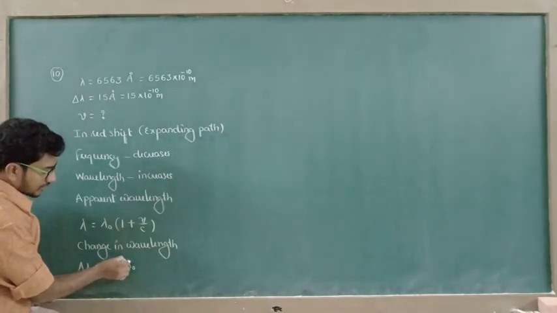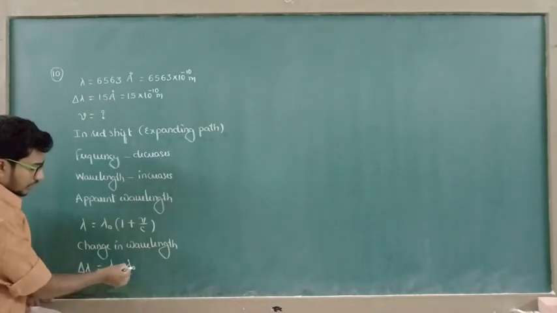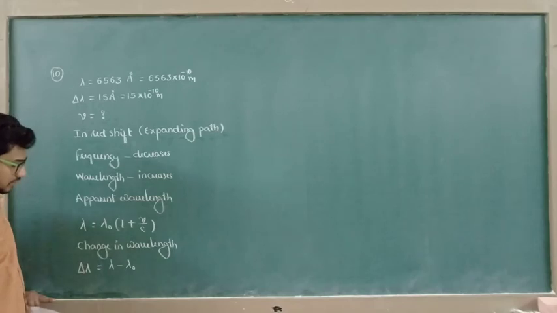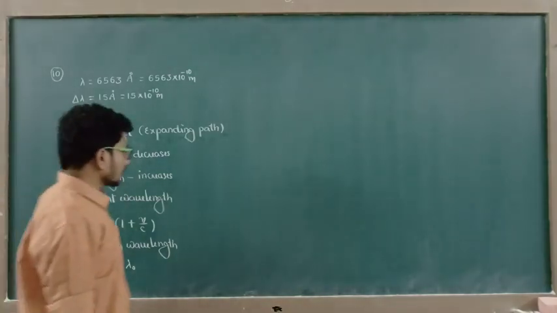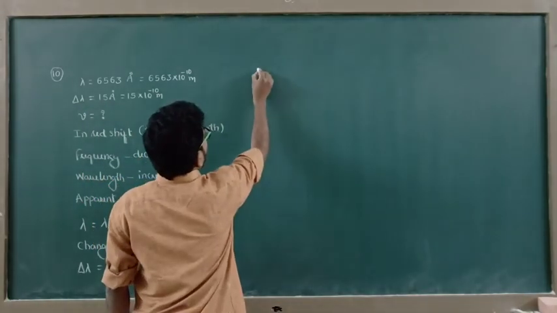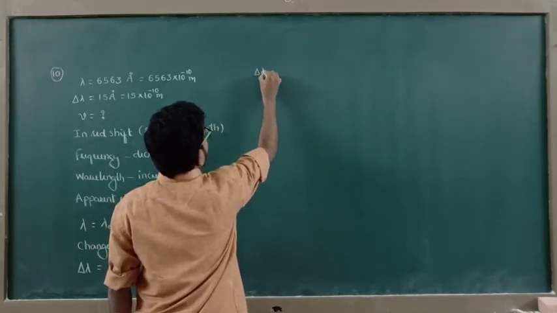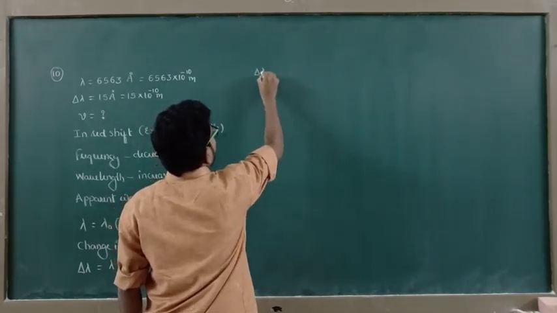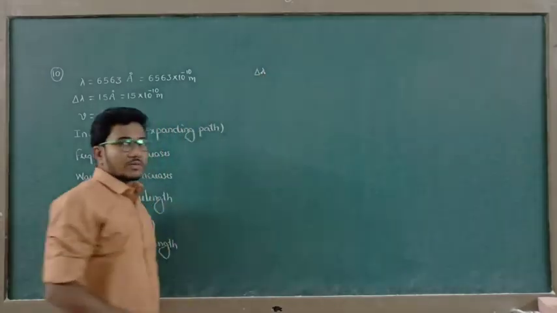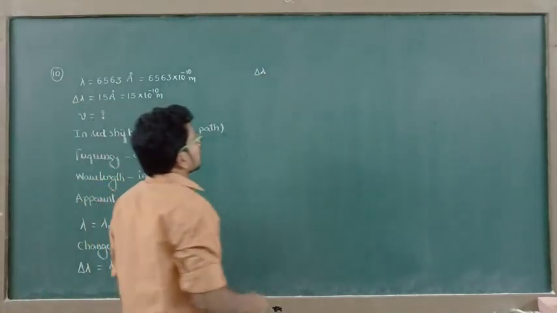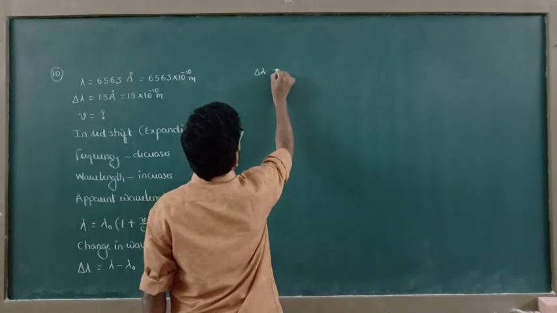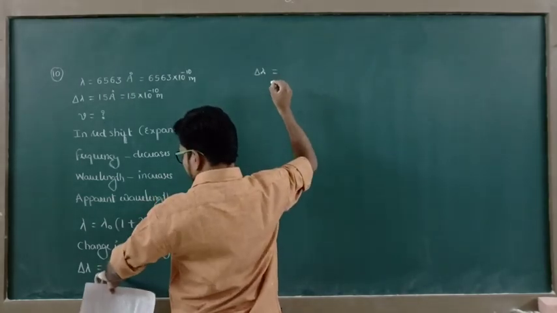Lambda naught is nothing but original wavelength. This is nothing but apparent wavelength. Because given data is in terms of change in wavelength, for that reason I have considered change in wavelength.